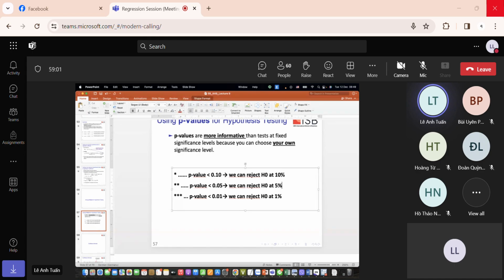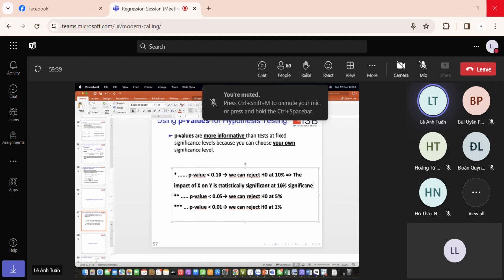If we reject the null hypothesis, that means the impact of S on Y is statistically significant at, for example, 10%. In this situation, we test whether the coefficient equals zero or is different from zero, and you compare with the significance level. If you reject at 10%, the impact of S on Y is statistically significant at 10%.